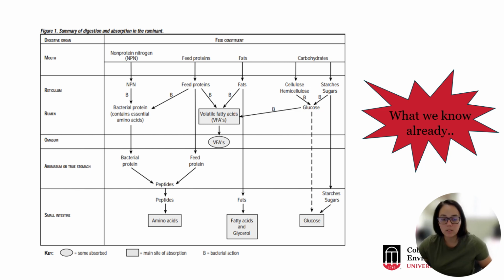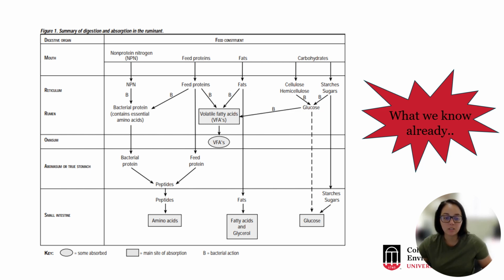So this is a graph that we should all be really familiar with, and stuff that we already know. We know that our ruminants are going to ingest non-protein nitrogen, feed proteins, fats, and carbohydrates, and how those end up getting absorbed and digested and made into proteins, fats, and sugars that turn into glucose that is used within glycolysis and all of those other pathways that we've learned about thus far.